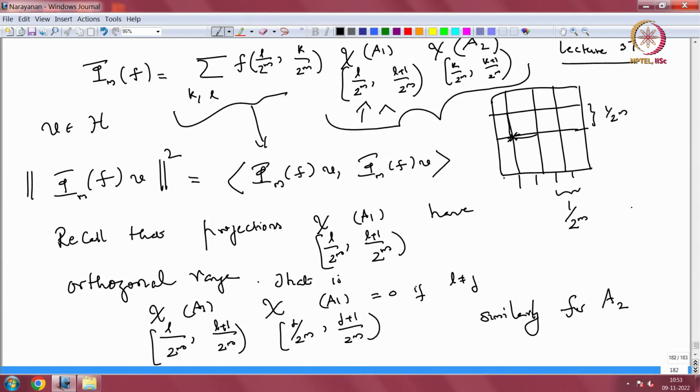Okay. So you have those intervals disjoint, the product will be 0. Now if you look at the inner product of phi m f with phi m f, you see that the cross terms go to 0, because the ranges are orthogonal. So only the diagonal terms will remain.